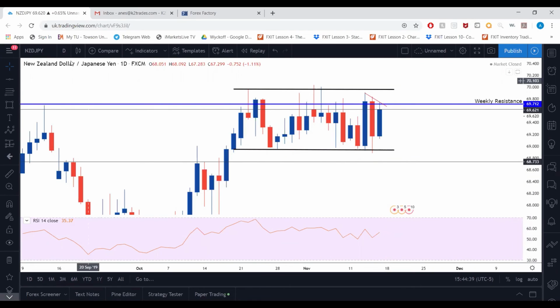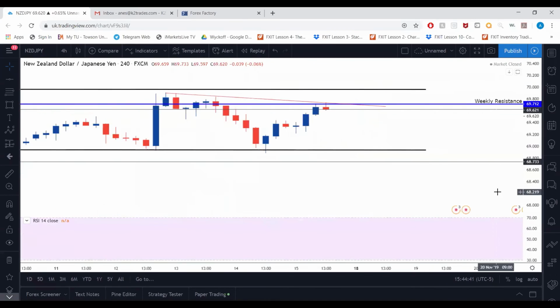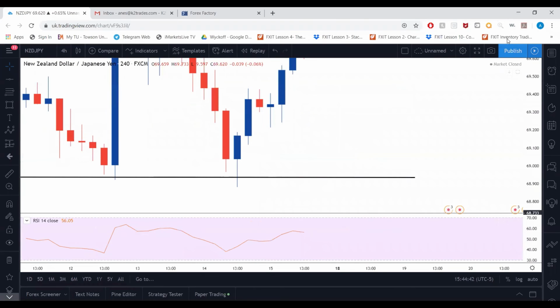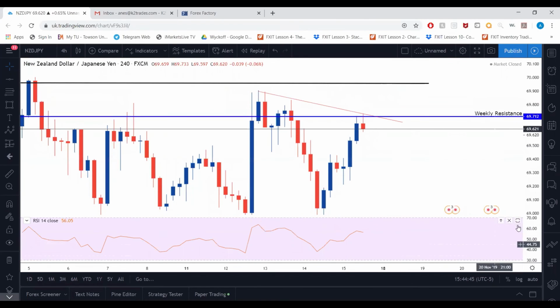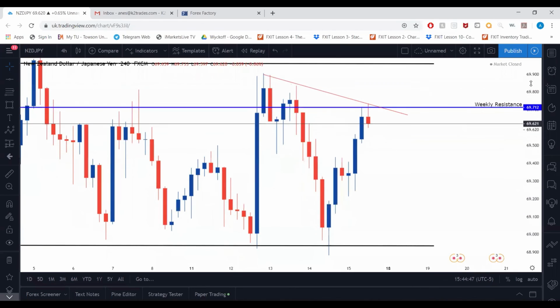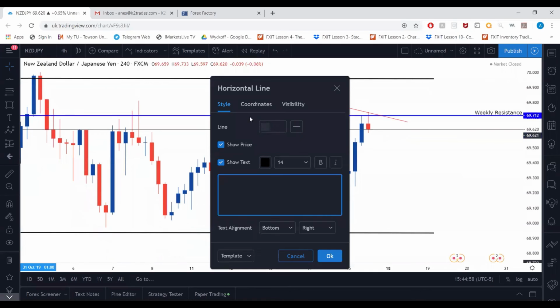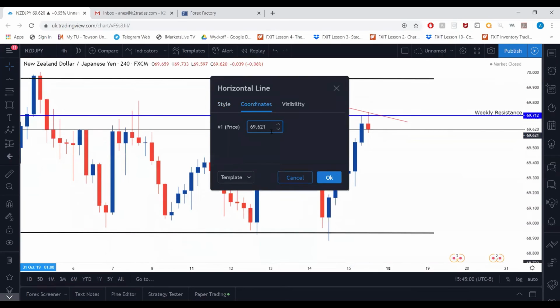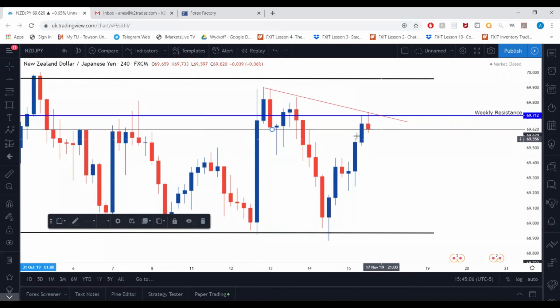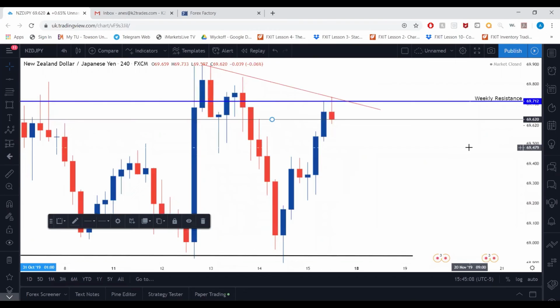Yeah, I mean, I would like to see it come down. Thierry, you can leave that sell limit, but also watch for this break. Let's make it 69.60, so it's easier for reference, and also we don't calculate that spread and all that.